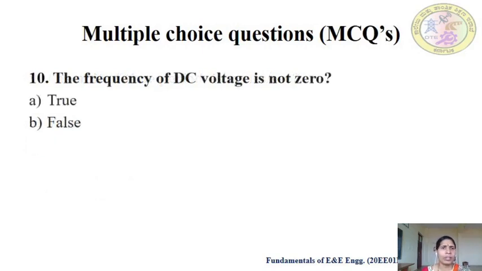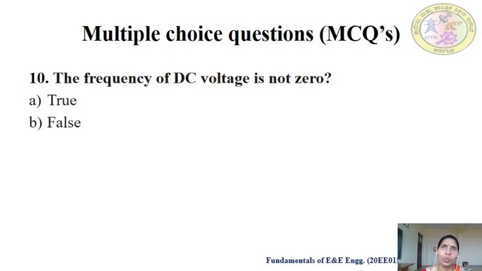The last one: the frequency of DC voltage is not 0. True or false? For DC voltage, what does frequency mean? It is the number of cycles completed by an alternating quantity in 1 second.